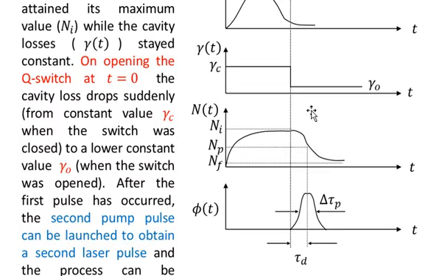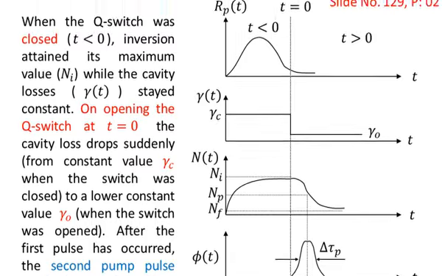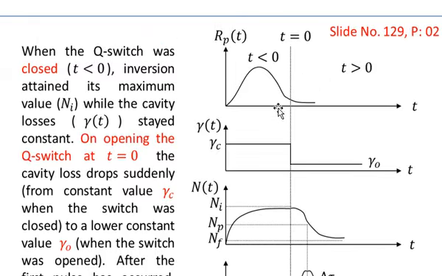So let me explain one more curve over here, which is gamma of t. Gamma of t actually represents the loss in the cavity. Before the time t equal to 0, we have these regions which correspond to the condition when the Q switch is in the closed form.